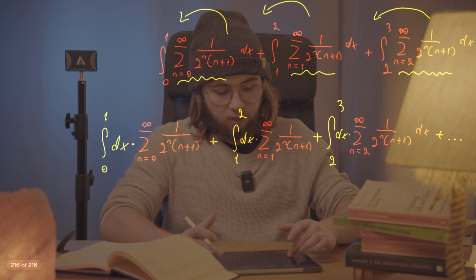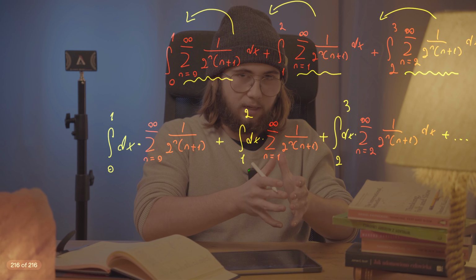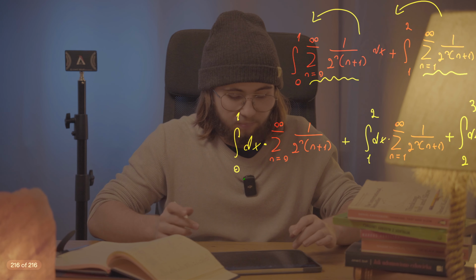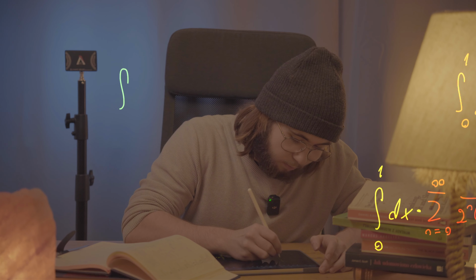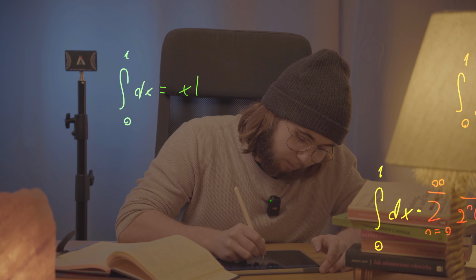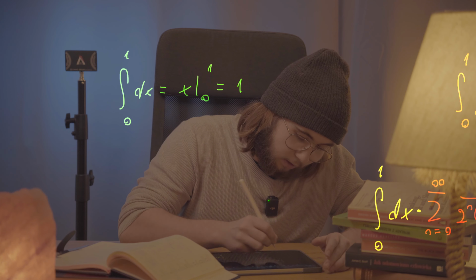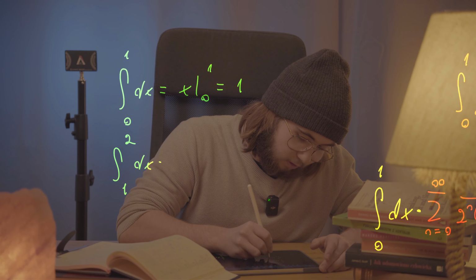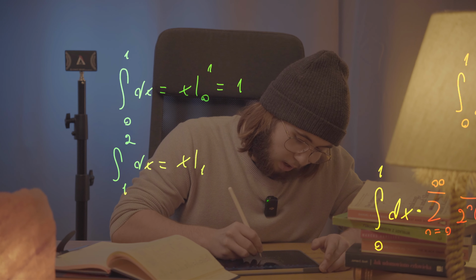Those integrals are just integrals of 1 between consecutive integers. So we see that the integral between 0 and 1 of dx is going to be equal to x between 0 and 1, but that's just 1. Now the integral between 1 and 2 of dx is going to be x between 1 and 2.